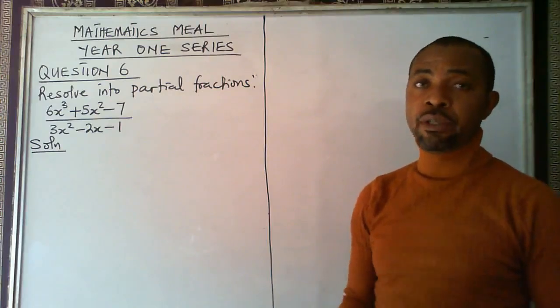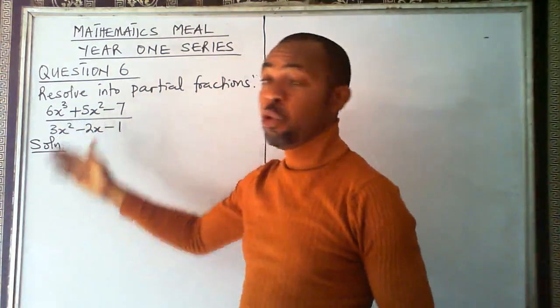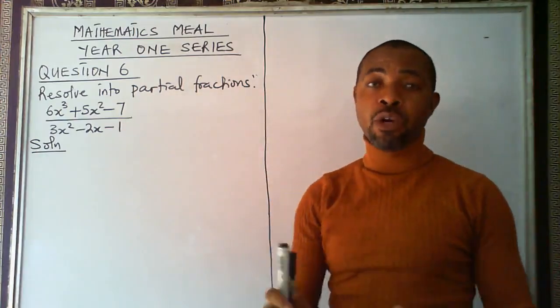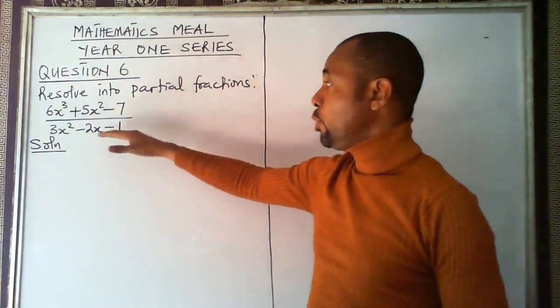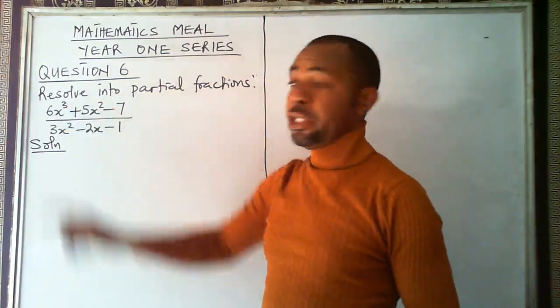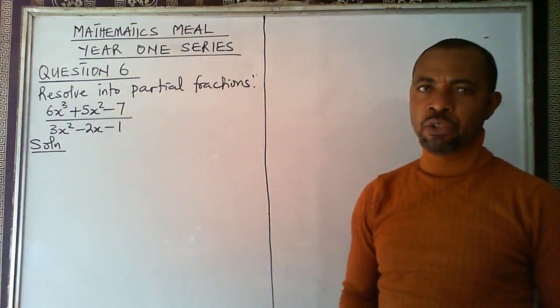We need to do something first. In a situation where the denominator is of lower degree than the numerator, the first thing we do is apply polynomial division, so that we can reduce the power in the numerator.